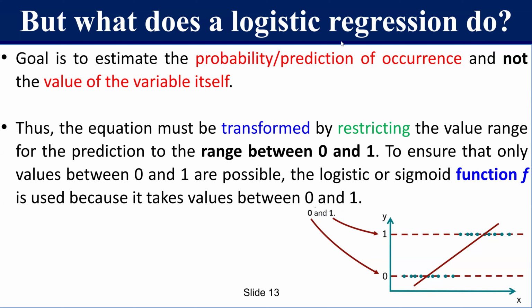Now, guys, note the difference. If I want to estimate a value of something, it means that you know that something is there. That's why you are estimating it. But if I want to estimate the probability of something happening, it means that it may not happen. That is why you are trying to estimate the probability of it occurring.